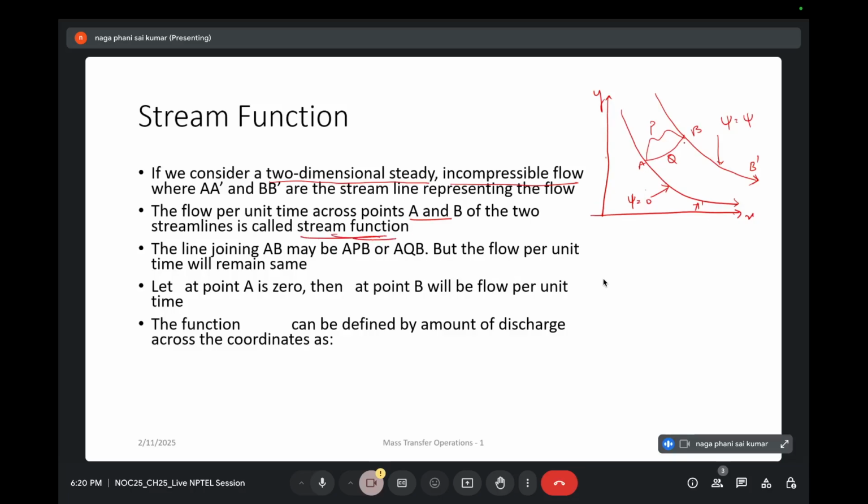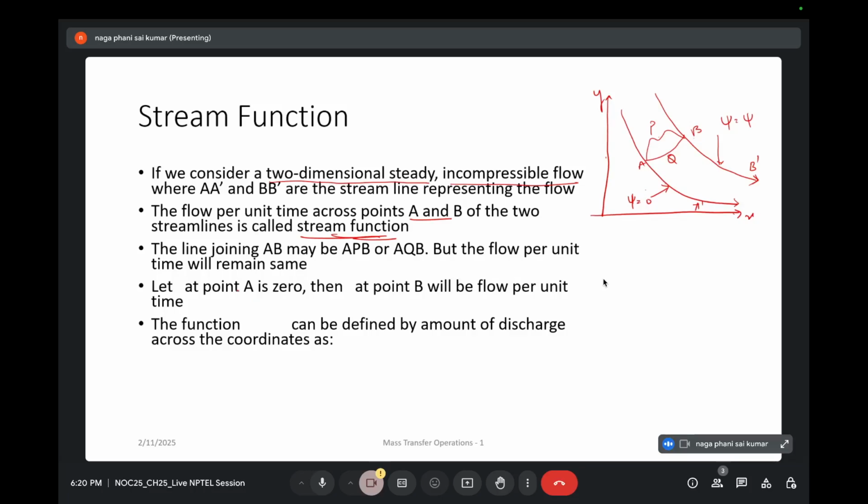The line joining AB may also be APB or AQB, but the flow per unit time will remain the same. It could follow any path, but the flow per unit time will be the same.